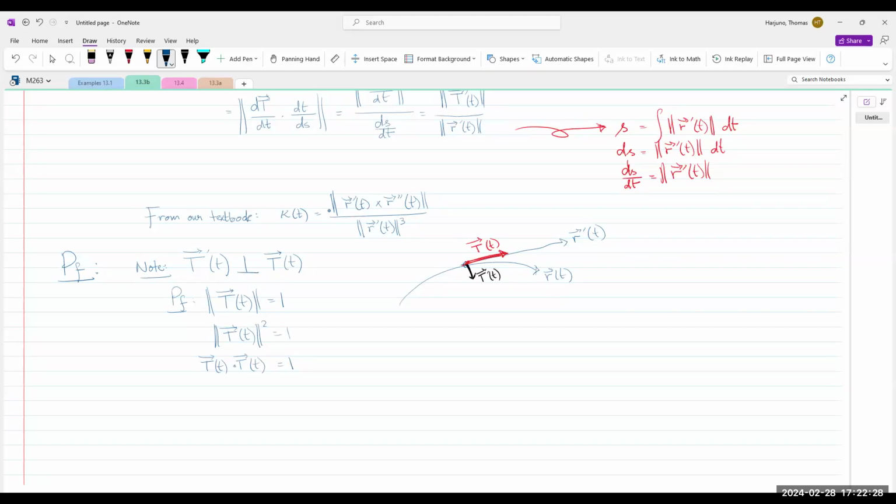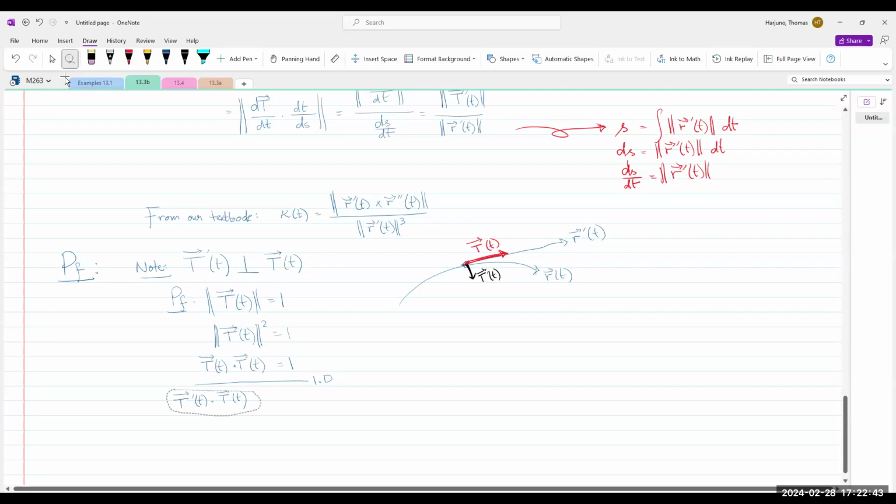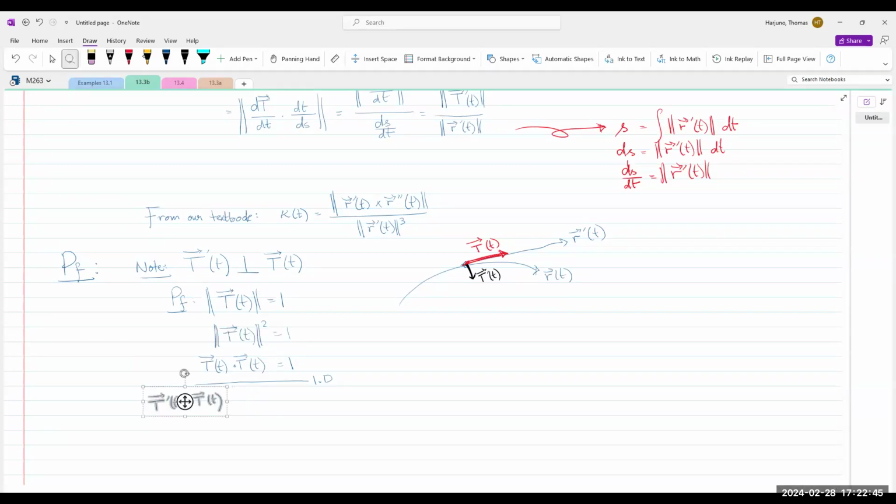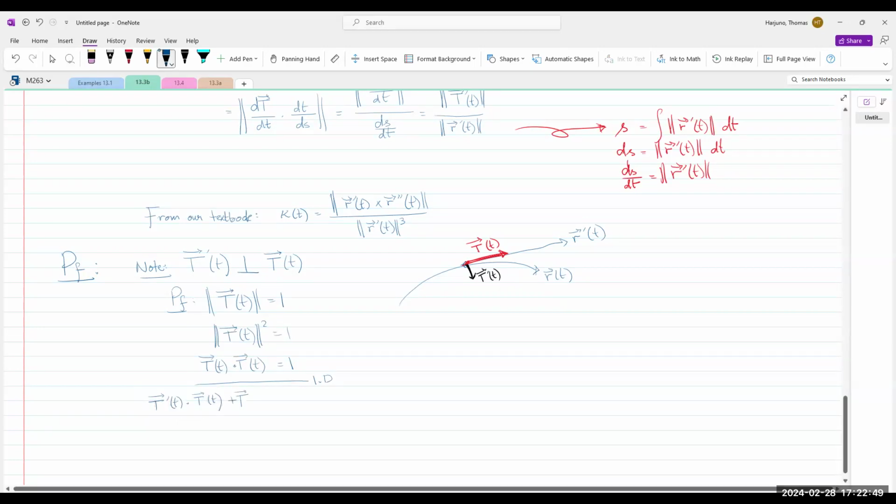Now, I will do implicit differentiation here. That gives me T prime t dot T plus T, the unit tangent vector, dot the derivative of the unit tangent vector, and that should be 0.